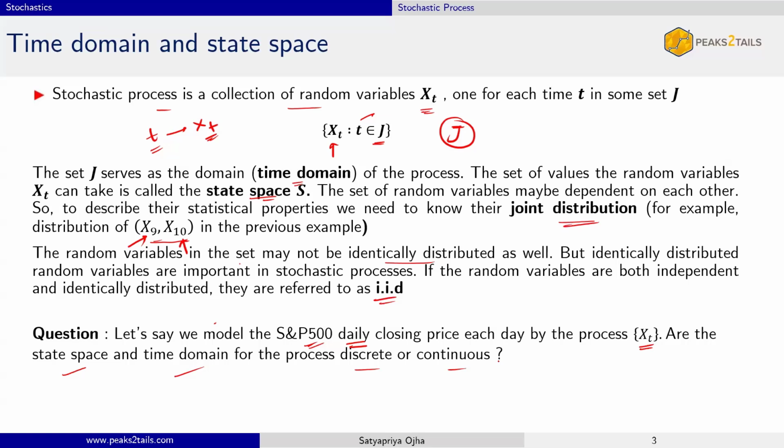So let's do this one. If you're modeling S&P 500 daily closing price, pay attention. By the stochastic process xt, what is the state space and time domain? Is it discrete or continuous? So we have price is continuous, but time is discrete. Okay, interesting.